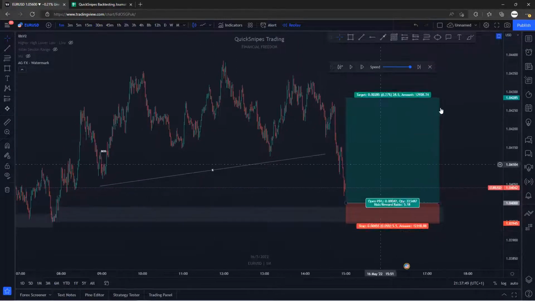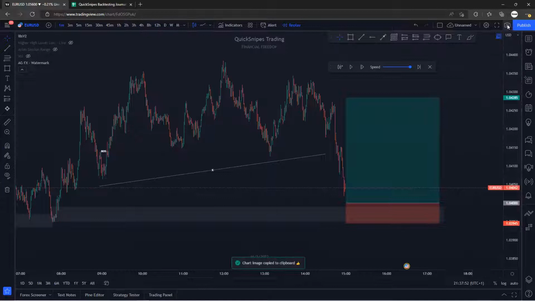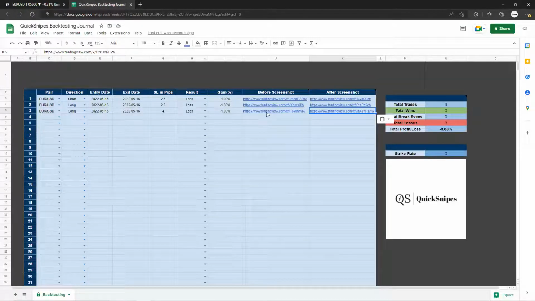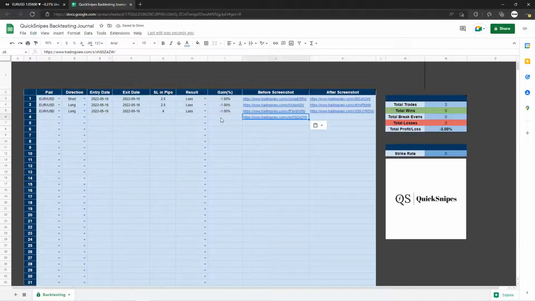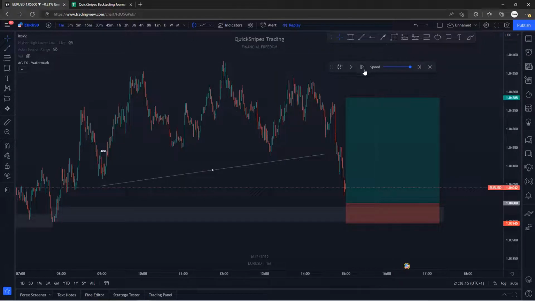So let's mark this up. Chart image, new trade, stop losses 5.5 pips. Again, I'm going to assume, okay, let's put it out.